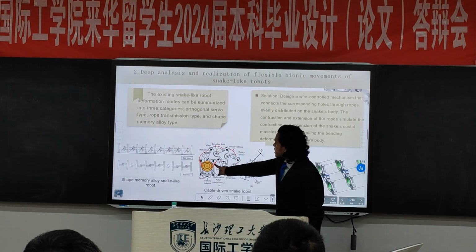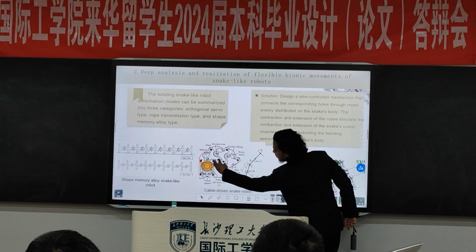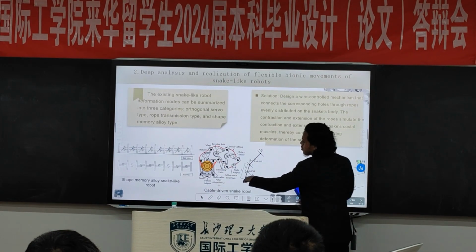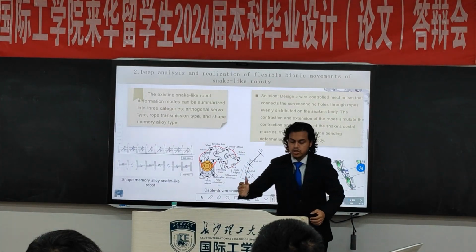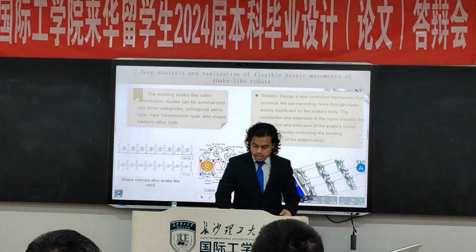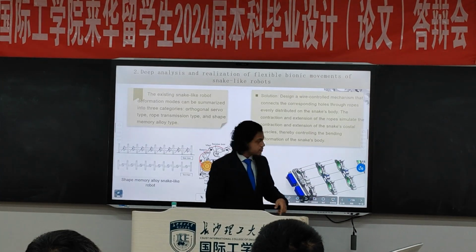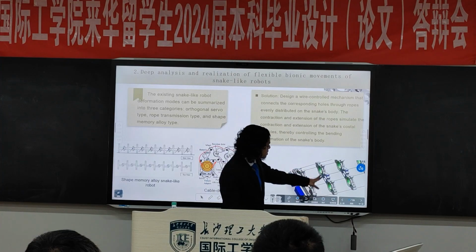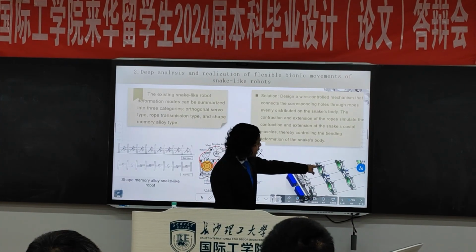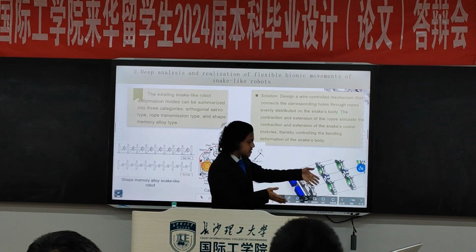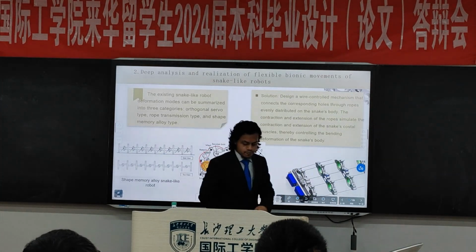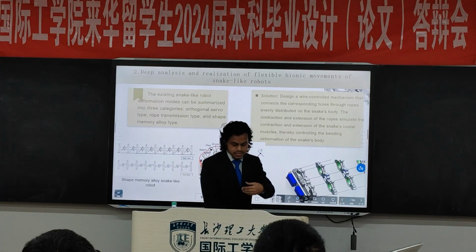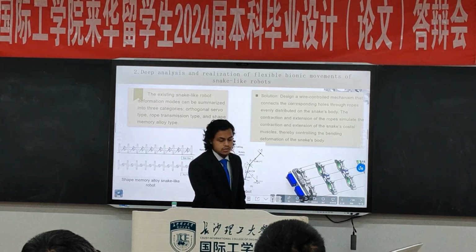When we pull the connecting wire, this part gets very close and this part becomes very wide, so we can make a curve. When we make a curve, we can change the direction accordingly. Along with that idea, I have built this wire connecting system. You can see this wire can control the snake position, changing its shape according to need. We will see how that works.